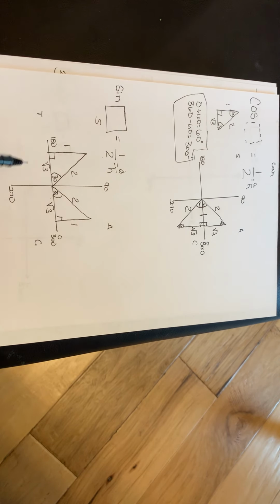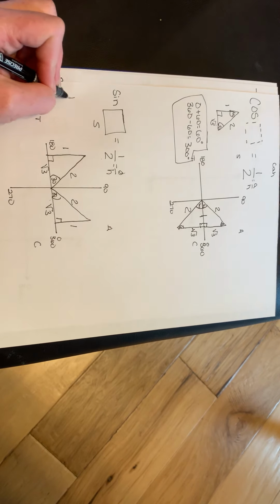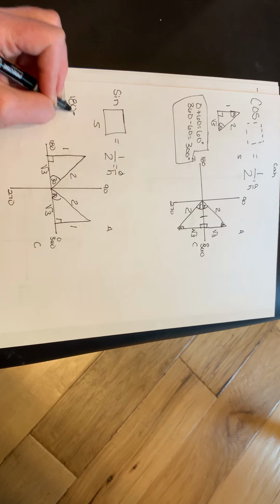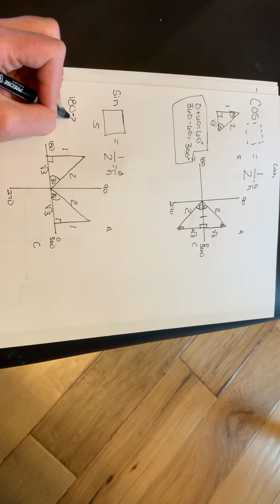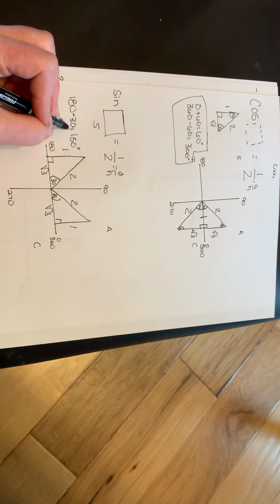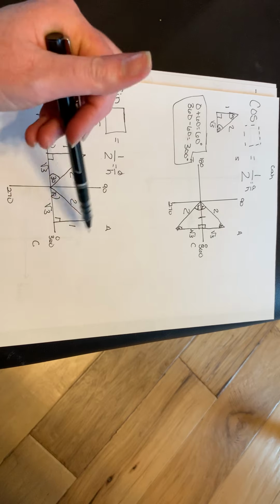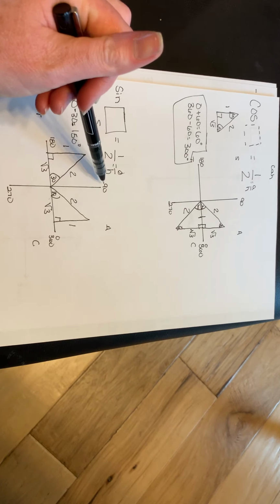Remember, we always use 180 or 0 and 360 to find our measurement degrees. So 180 minus 30 equals 150.